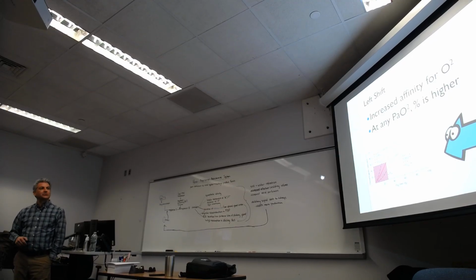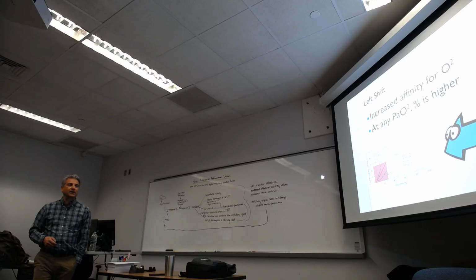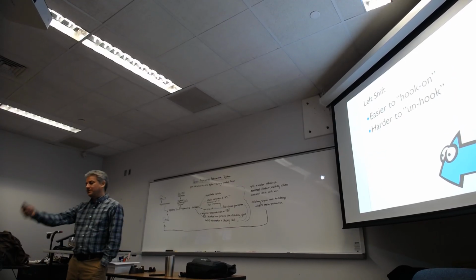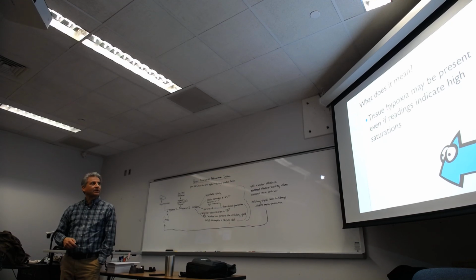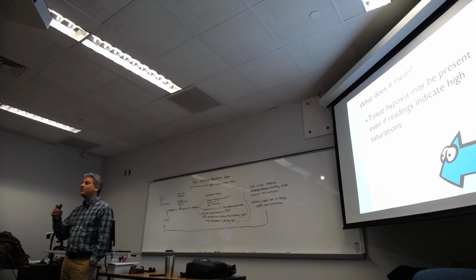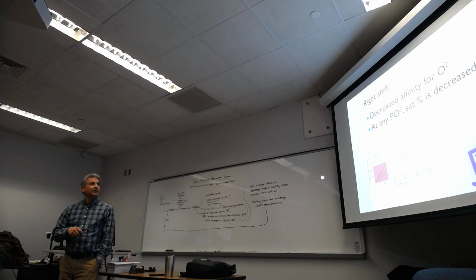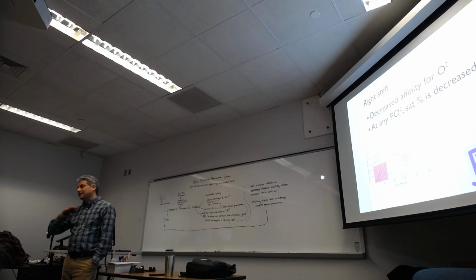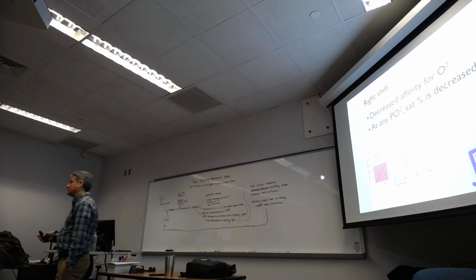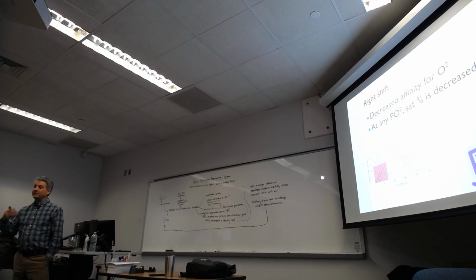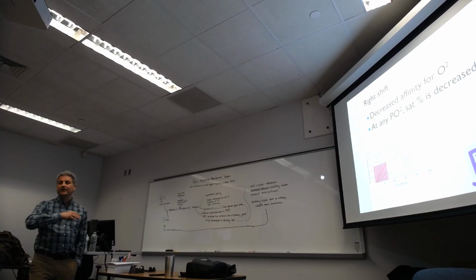So a left shift is not protective at all. Hemoglobin hangs on to the oxygen, they don't give it off to the tissues. Easier to get on, harder to unhook, etc. So you have tissue hypoxia, even though it appears that the SpO2 is really good. A right shift is the exact opposite. It's harder to hook on to the hemoglobin, which means that if you've given the person enough oxygen, it can unhook.